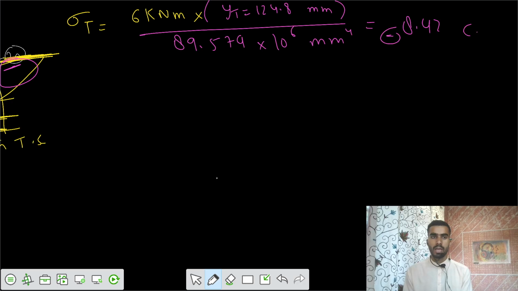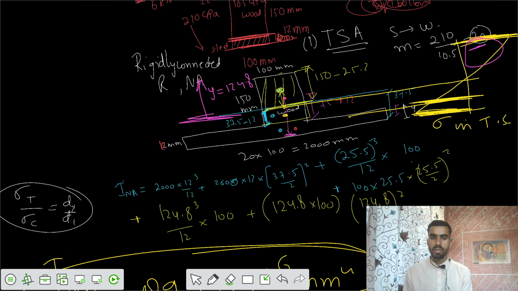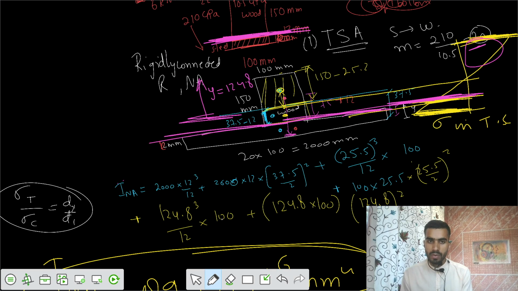Now you want to say what is the stress at the junction, at the steel and wood junction. At this junction, we want to say what is the value of stresses in the transformed section. So what is the value of y here?